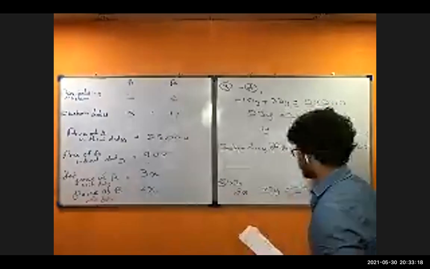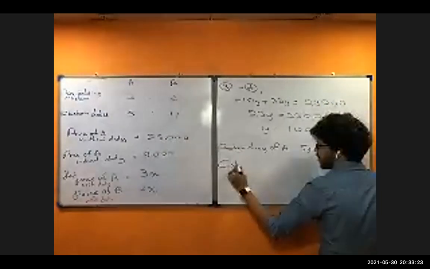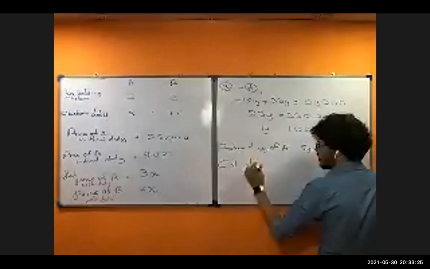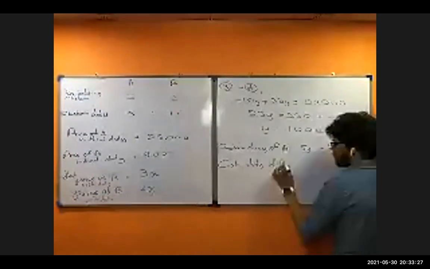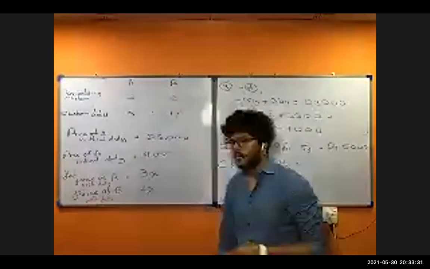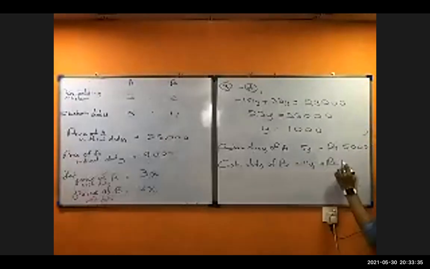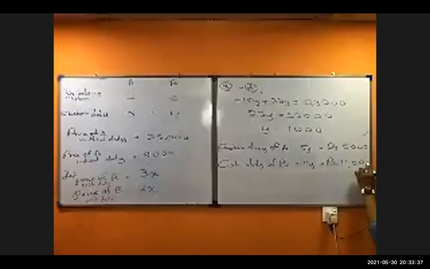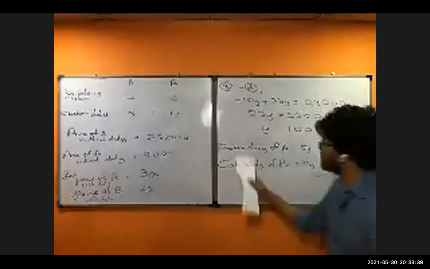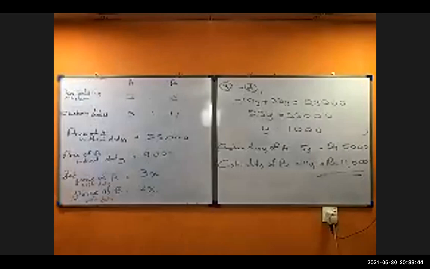Then custom duty of B is going to be 11y, right? I took it as 11y. y is 1,000, so that is 11,000 rupees. Done. You don't need to find x. 5,000 and 11,000.